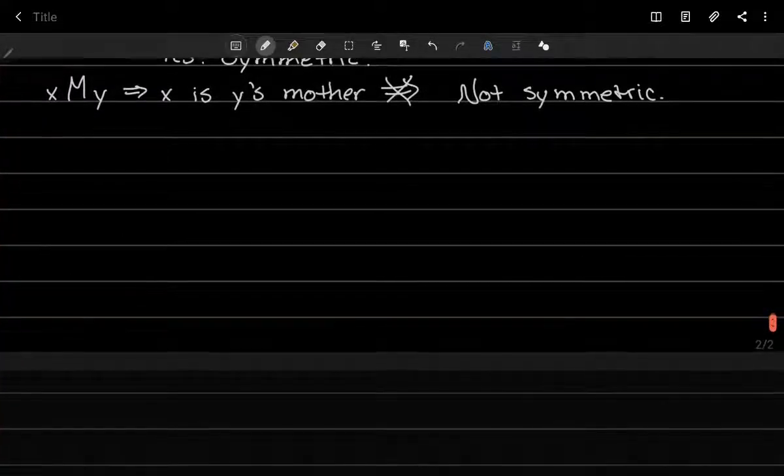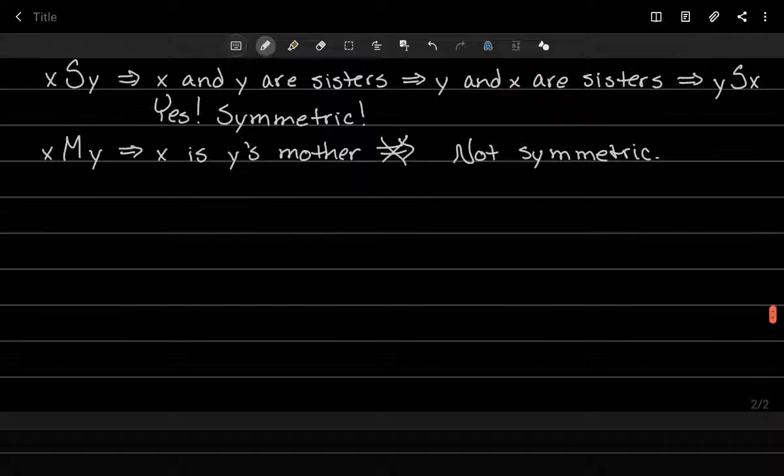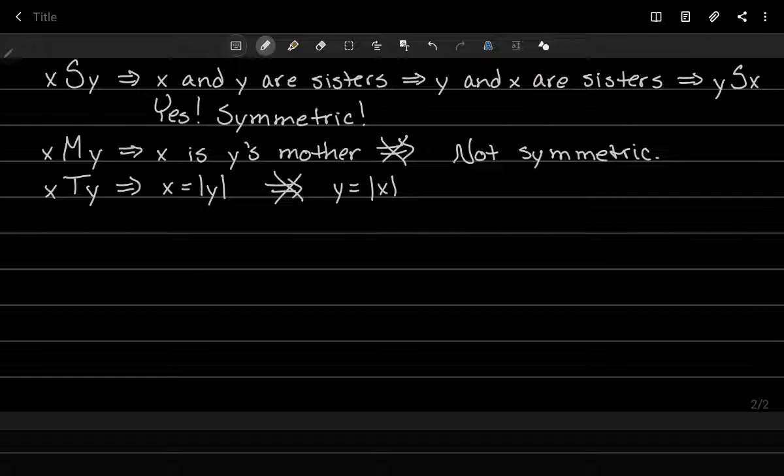All right, let's look at our actual mathematical examples. So x is related to y by T. That meant x equals the absolute value of y. If I want to try to get symmetric, I would need to get y equals the absolute value of x. But that should look funny to you. You say, I don't think I can make that jump. So maybe we can find a counterexample. 3 is related to -3, because 3 is the absolute value of -3.